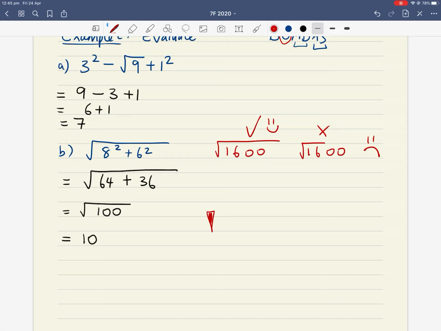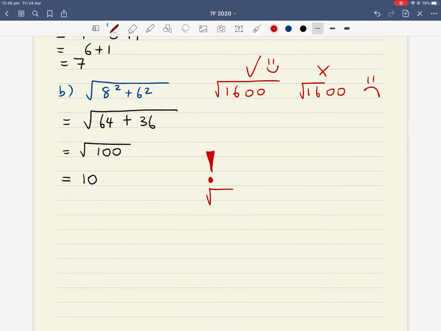Another thing you need to be careful of, exclamation mark, because this is a common mistake in student exams: the square root of the sum or subtraction of 2 numbers inside it is not the same as splitting them up individually. Please do not do that. Do the sum or subtraction inside the square root first, and then square root your answer.